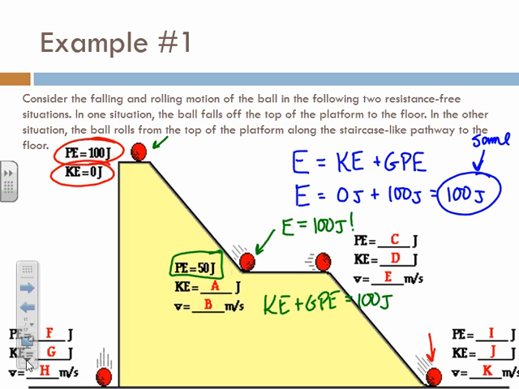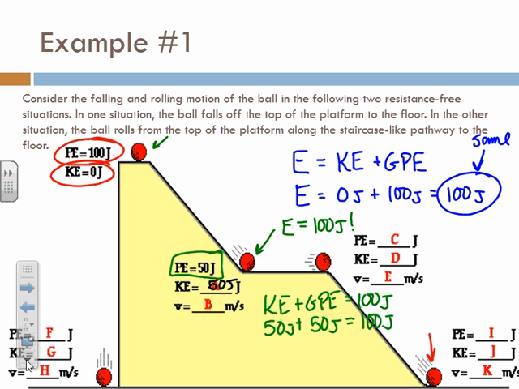That's my total energy. And if I have 50 joules, so half of that is taken up by my gravitational potential energy, that must mean that the kinetic energy must also be 50 joules, so I can keep my total of 100. So my kinetic energy in this case is going to be 50 joules.